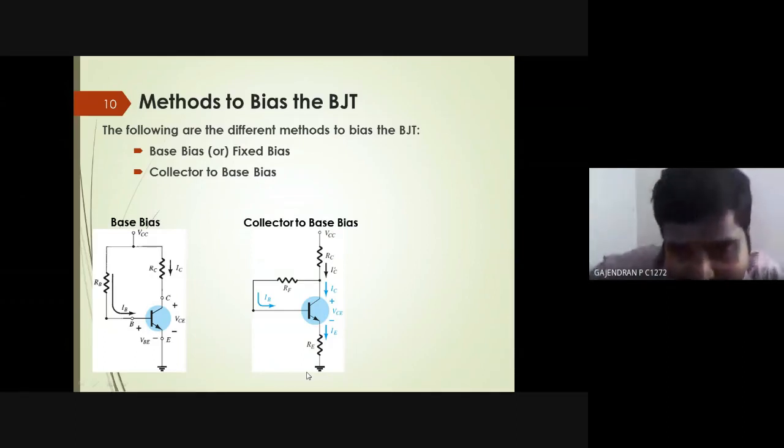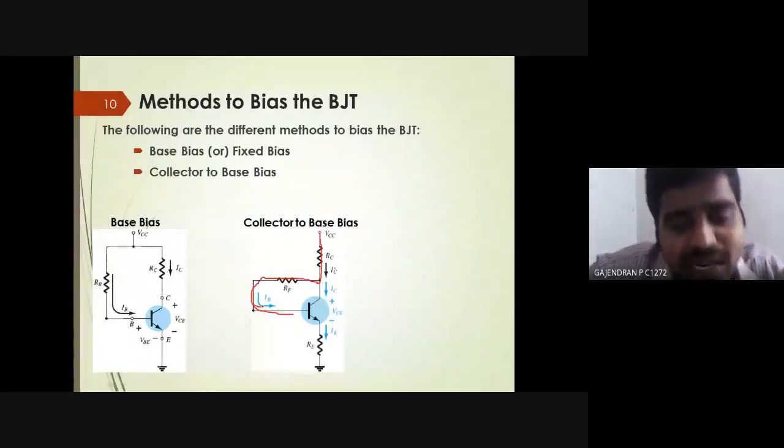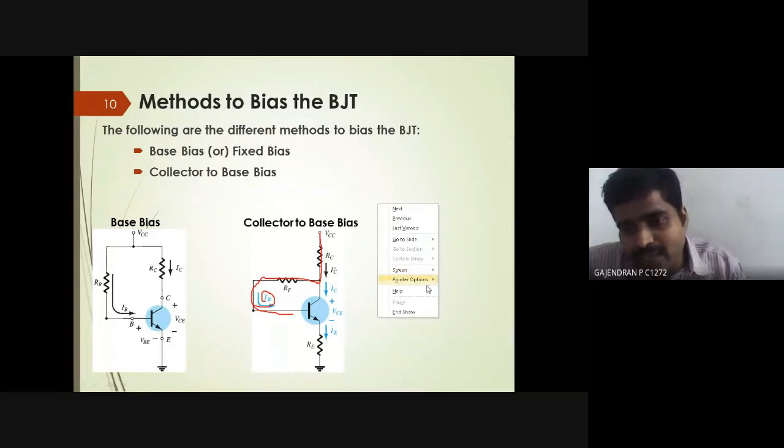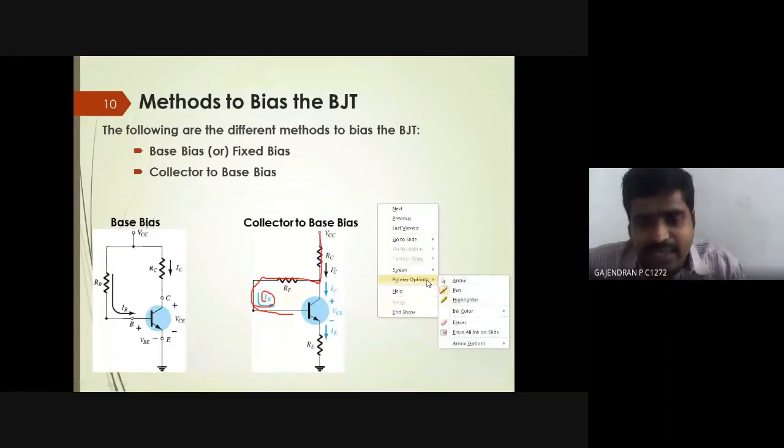See where it comes from, the biasing input. VCC comes here, passes through the collector resistor, and from the collector to the base we bias. Therefore, what is it called, sir? Collector to base bias. Is it clear?